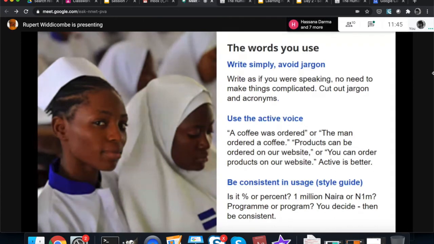There's no need to make things complicated. Where possible, cut out the jargon and acronyms, and obviously that's very difficult in the health sector. There are an awful lot of acronyms and specialist terms and so on. So use those sparingly, don't use those a lot. So be very aware of that.